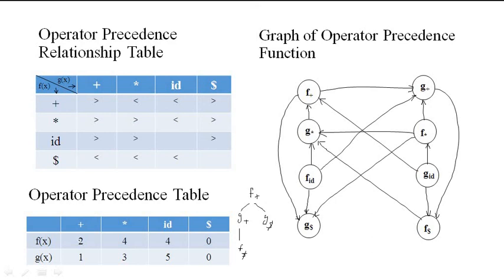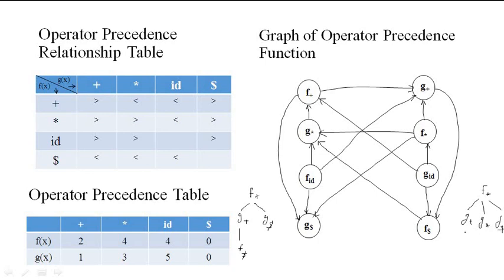For f star, there is outer precedence g plus, g star and g dollar.